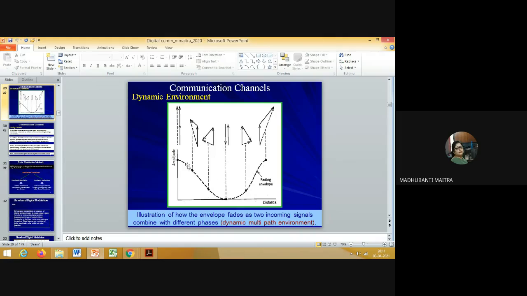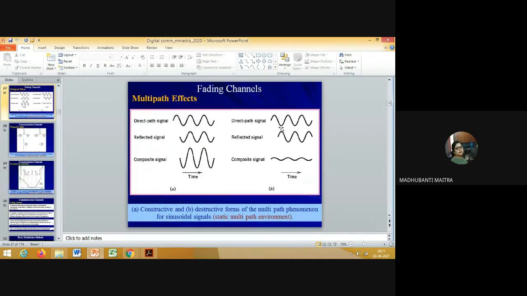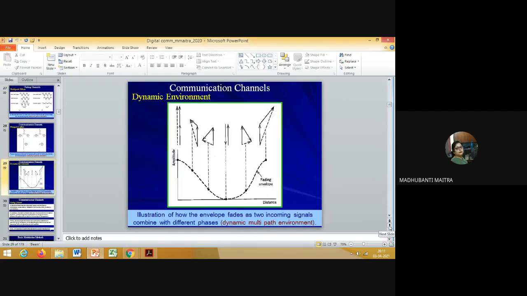That's why this phenomenon is often known as Rayleigh fading, a fading channel. To find out the amplitude of the received signal, we use a random variable which follows a Rayleigh distribution, and this kind of fading is known as Rayleigh fading.